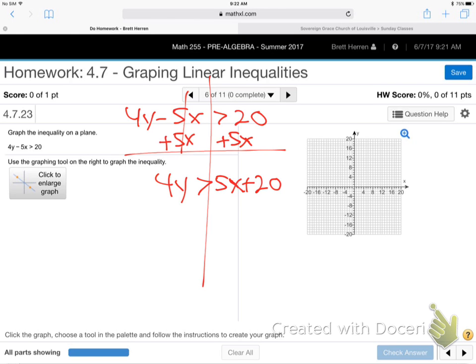Good to there. How do you get y alone? Divide through by 4. And then that's 5, huh? So we make this a whole number, but we leave that one a fraction.